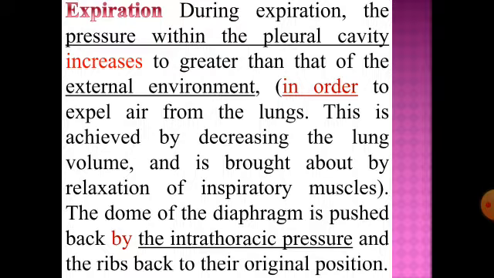This is achieved by decreasing the lung volume and is brought about by relaxation of the inspiratory muscles. The dome of the diaphragm is pushed back by the intrathoracic pressure and the ribs return to their original position.